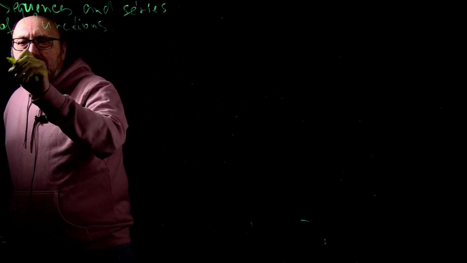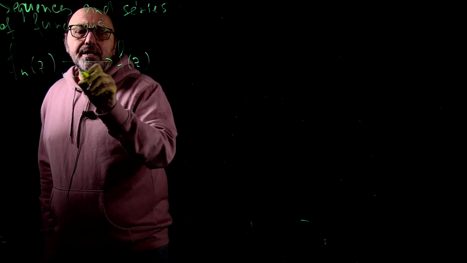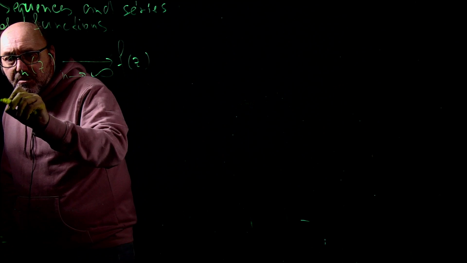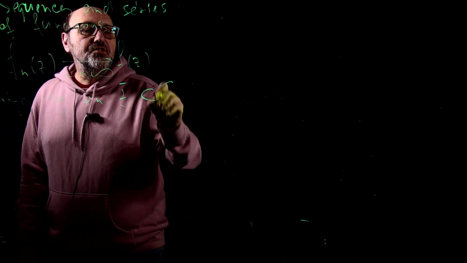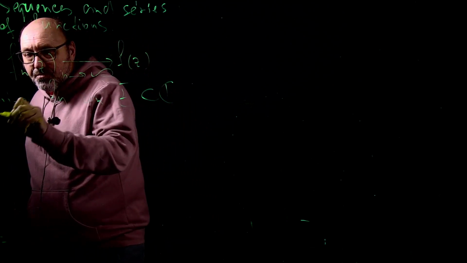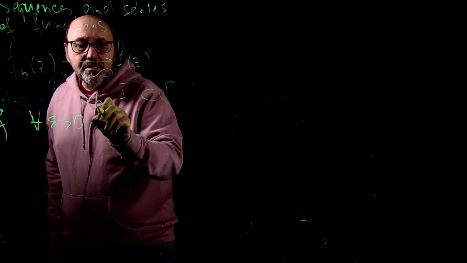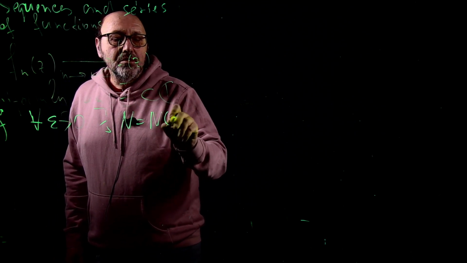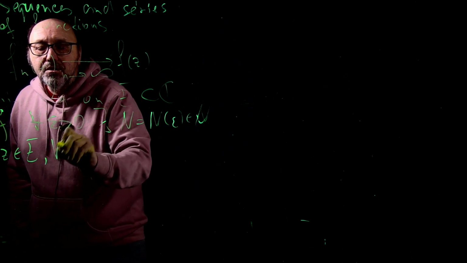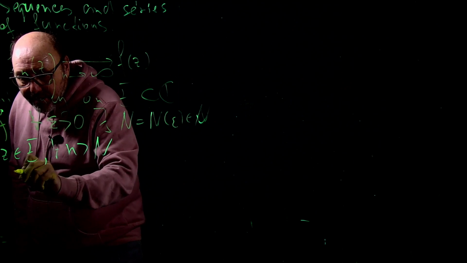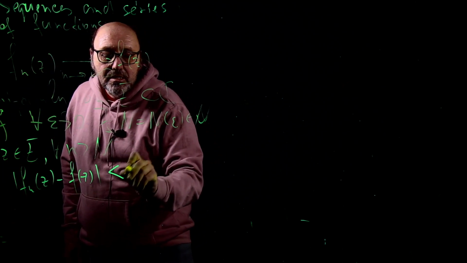So a sequence of functions f_n of z converges to the function f of z when n tends to infinity uniformly, and this is very important, on a subset E of C if for every positive epsilon there exists an integer N, which depends in general on epsilon, such that for all points z in E and all n bigger than N, we have the modulus of f_n of z minus f of z strictly smaller than epsilon.